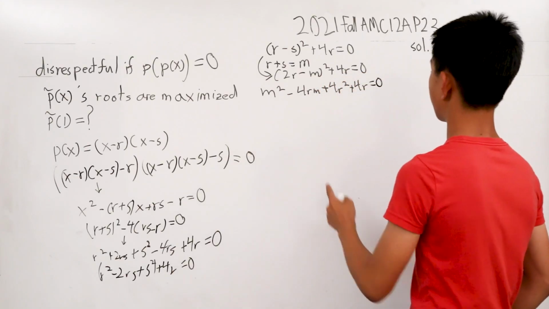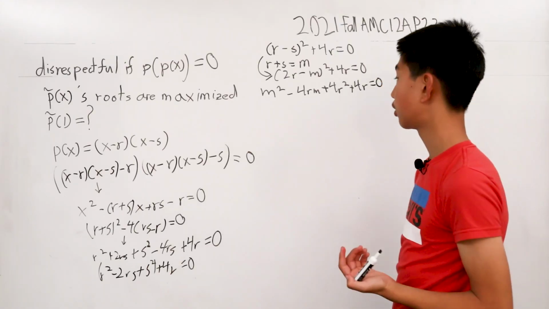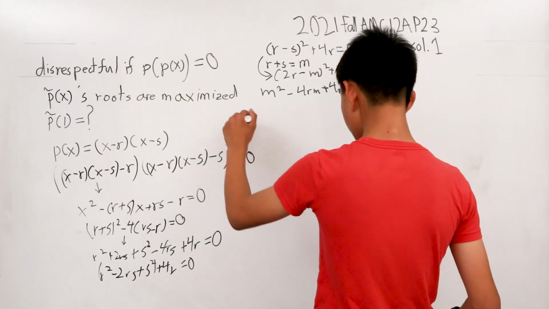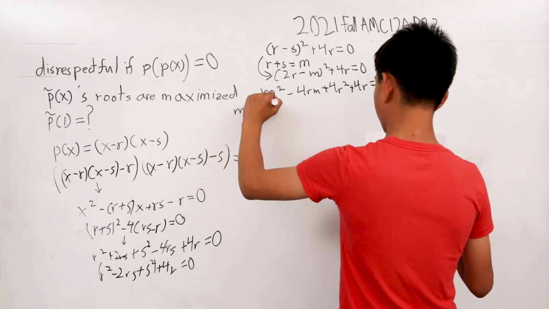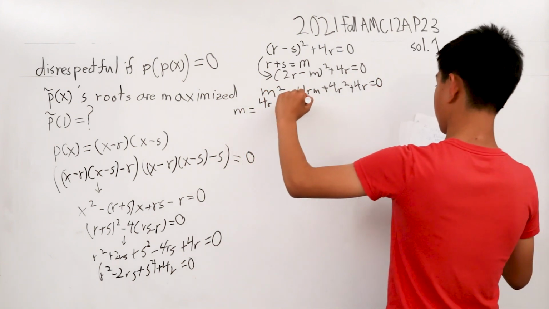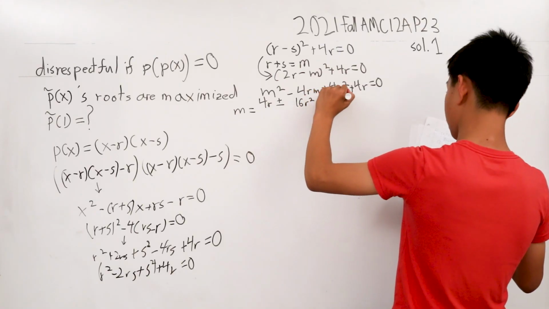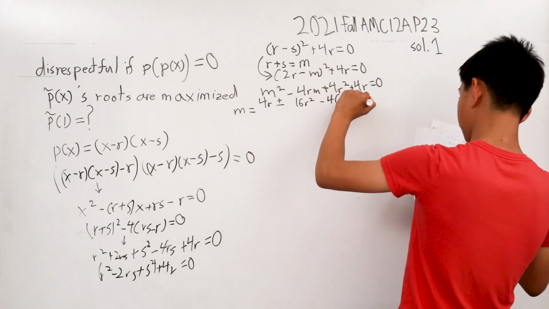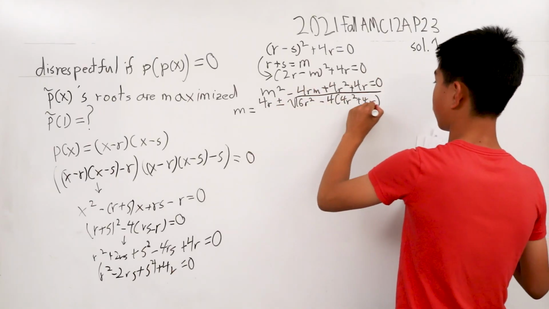Now, since we have it in the form of a quadratic, we can use the quadratic formula to solve for m. M, in this case, is equal to 4r plus or minus the square root of 16r squared minus 4 times 4r squared plus 4r, and then divide all that by 2.